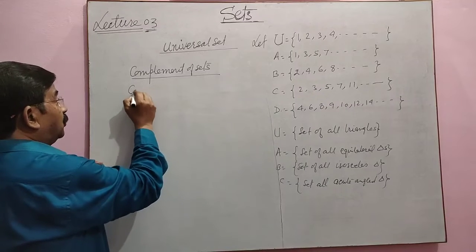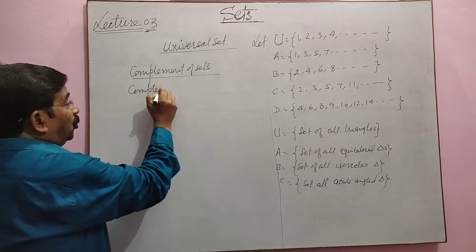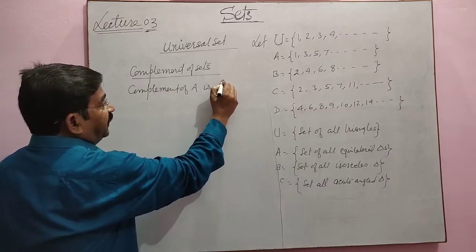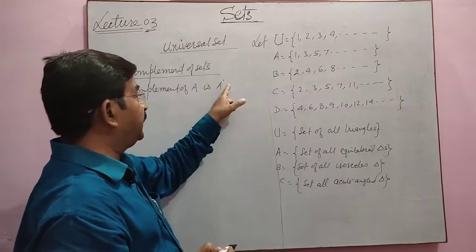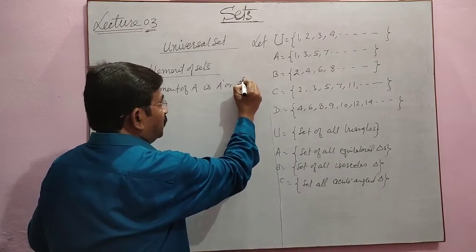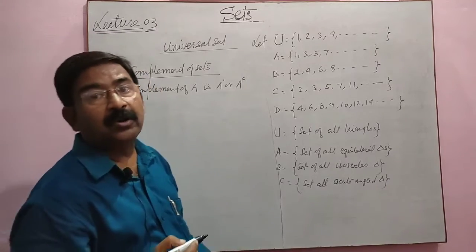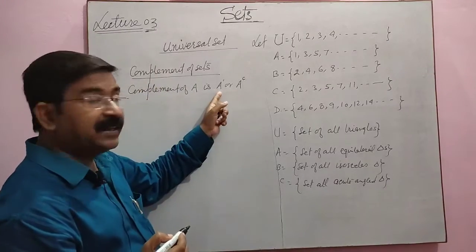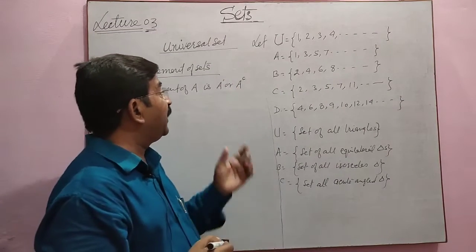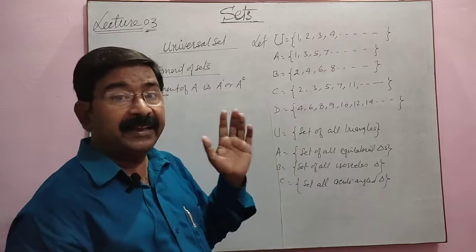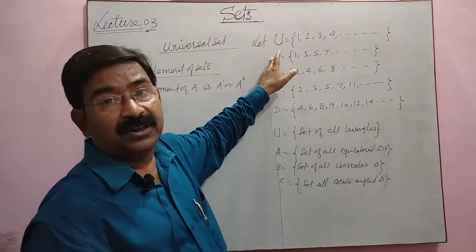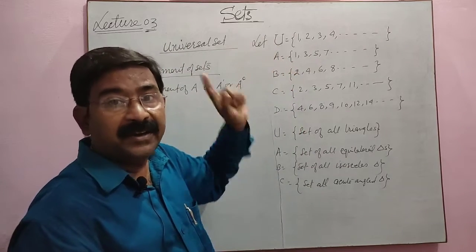So the complement of A is A dash. We write A dash, or we write A with a small c on the top. This shows the complement of A. What does it mean? When we find the complement of any set, it can be found only when you are given the universal set. It is the condition.